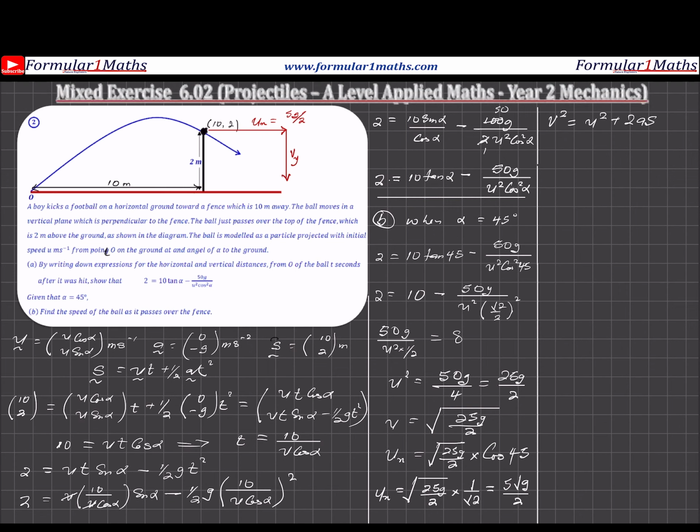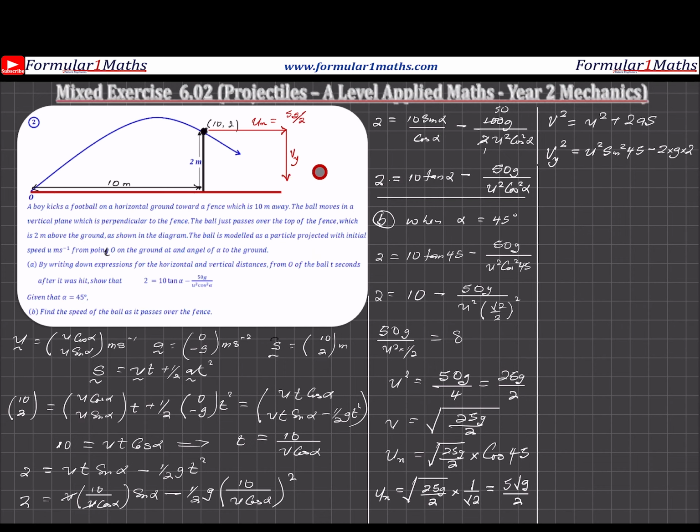So we are going to consider the vertical direction. Using this equation, Vy squared is equal to u squared sine squared 45 minus 2 times g times 2, because g is negative coming down this direction.